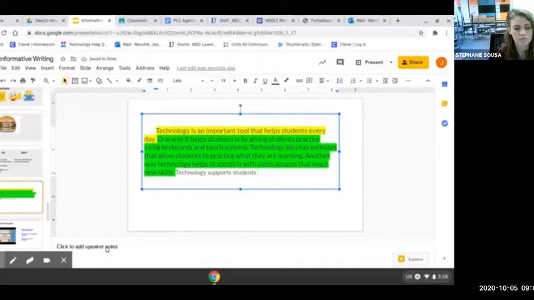When I look at my details, I notice that it's talking about students using technology at school. So maybe I can say, technology supports students with learning at school. This would be an excellent conclusion statement.